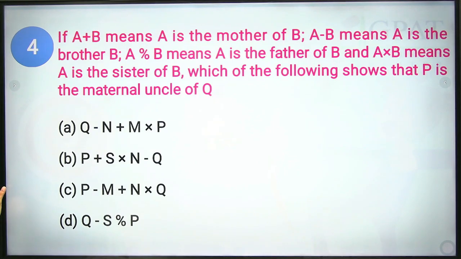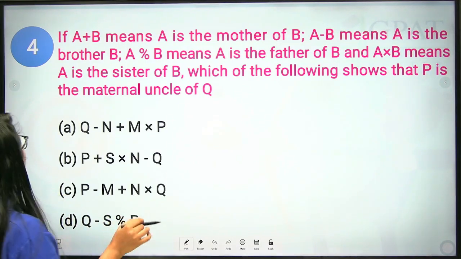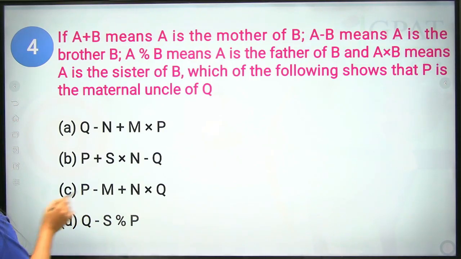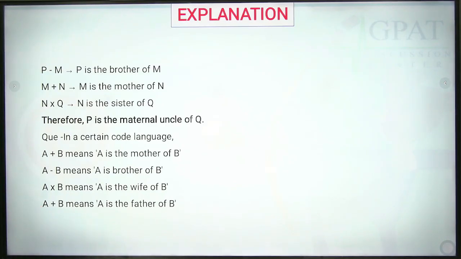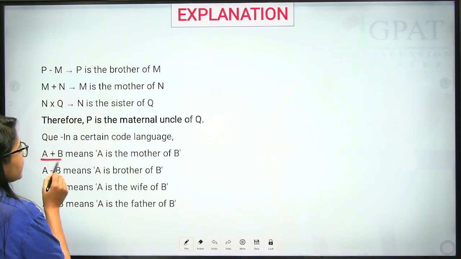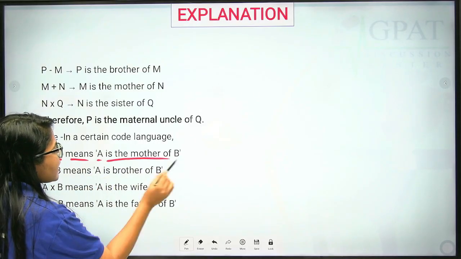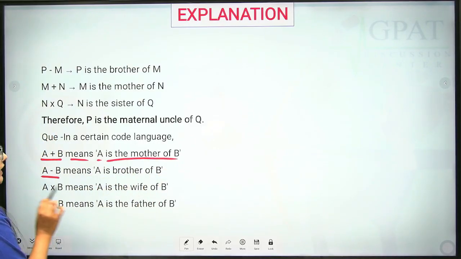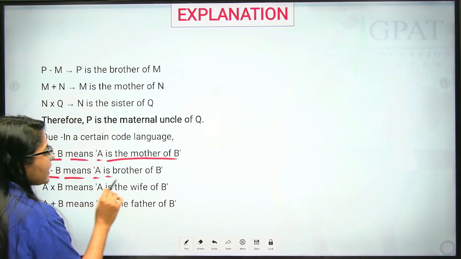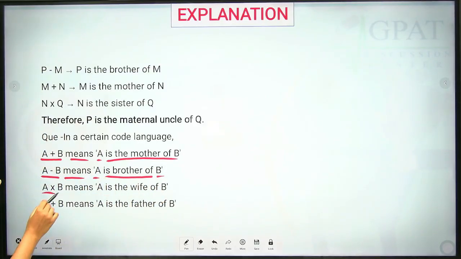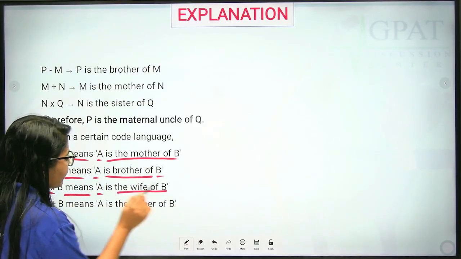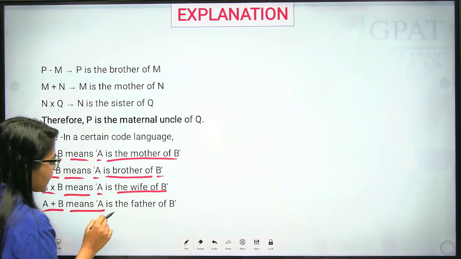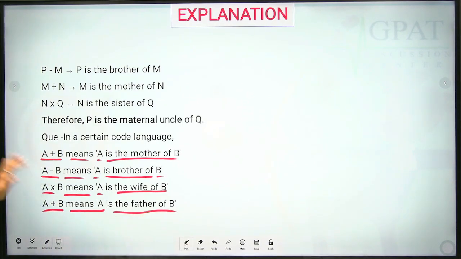Next question. For this you need to see the explanation. In the question there were some certain code languages. A plus B means A is the mother of B. A minus B means A is the brother of B. A into B means A is the sister of B. A plus B means A is the father of B. Now you can see the equation.